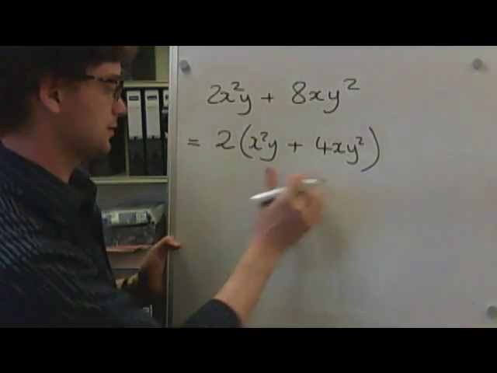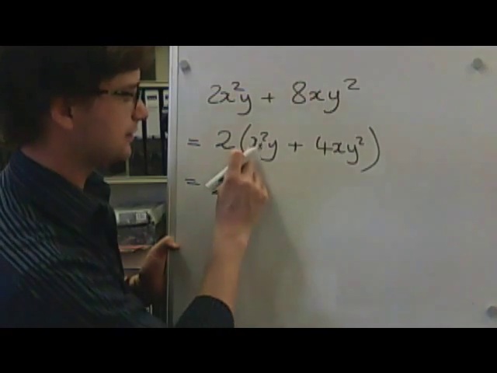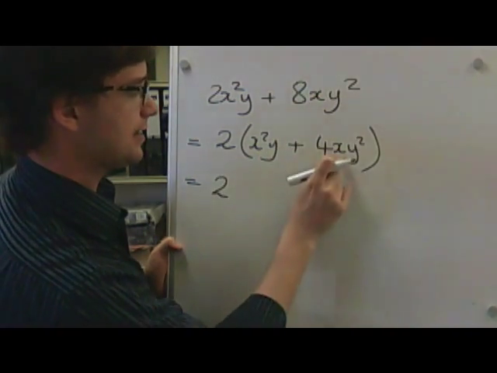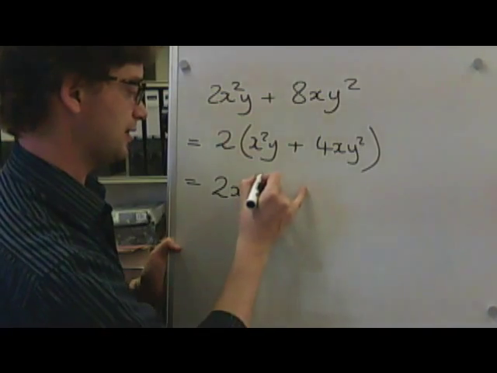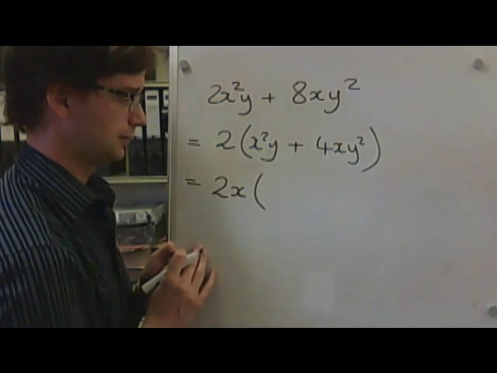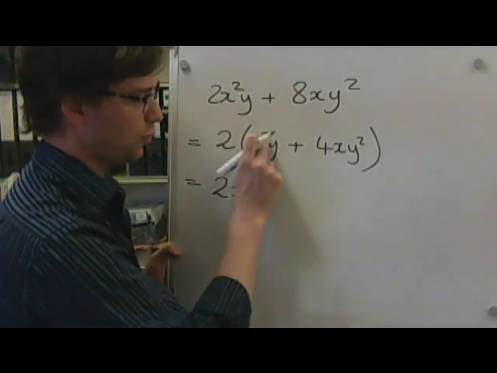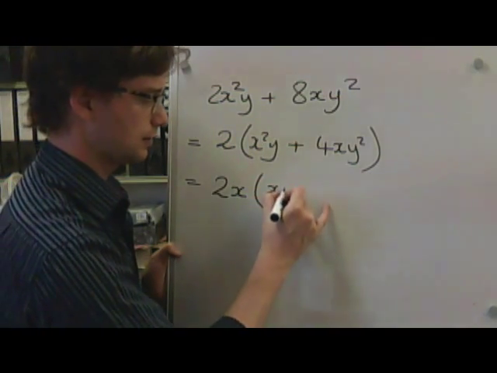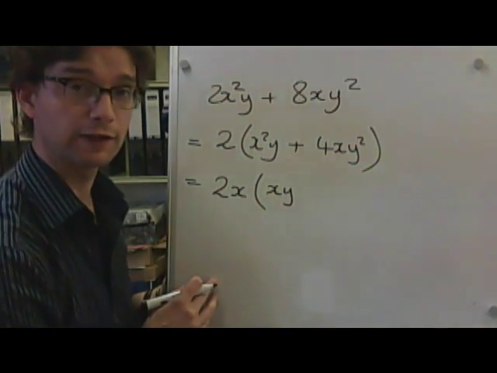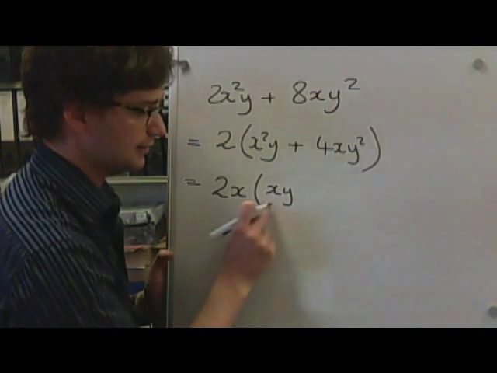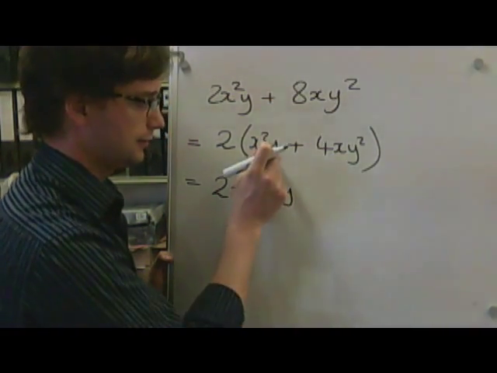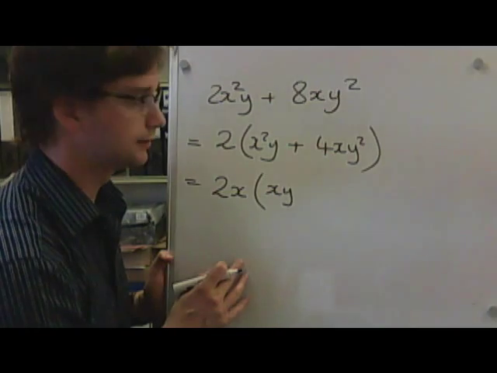Now I'm going to look at this and think, well, hang on a minute, I've got x's here and I've got x's here, so maybe I can get an x out as well. X times what is x squared y? If you think about it for a couple of minutes, you'll probably see that x times xy is equal to x squared y.